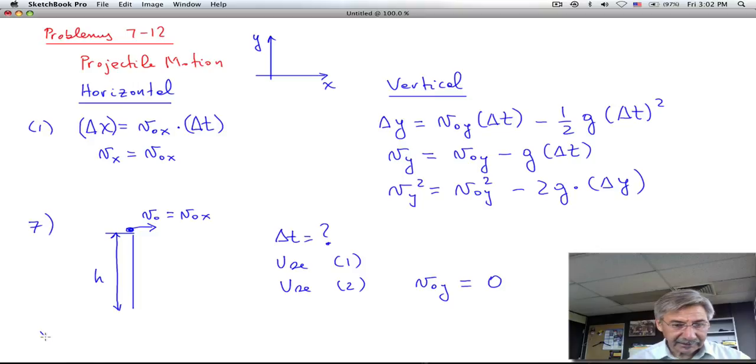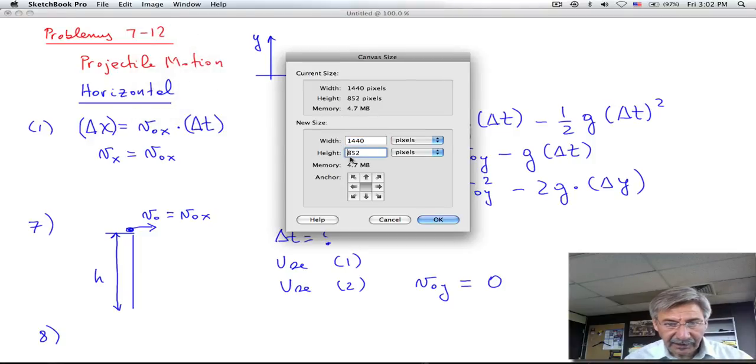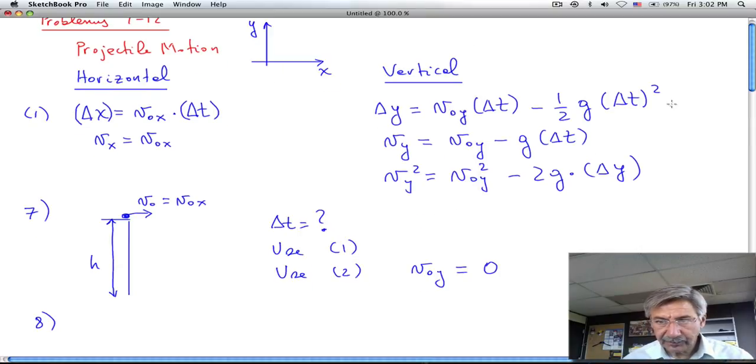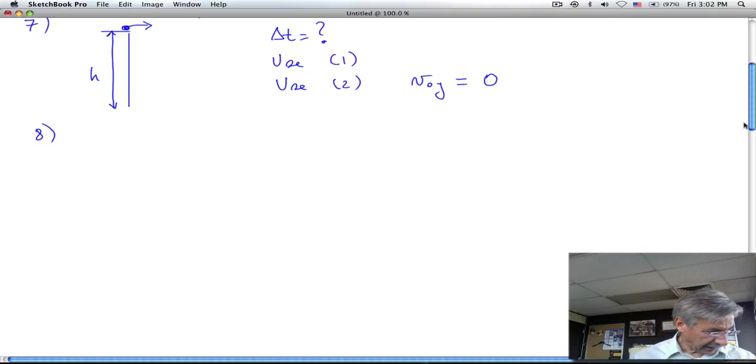Problem number 8. We have to adjust the size of the canvas here, just 1 second. Problem number 8 is a projectile that is thrown from a given height from the ground.